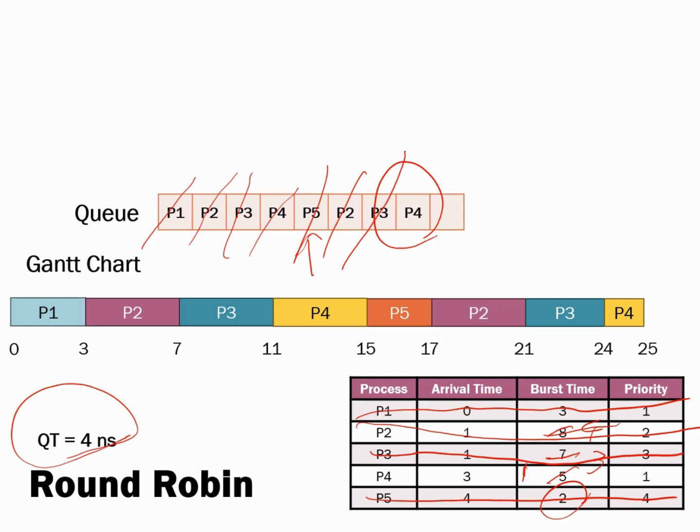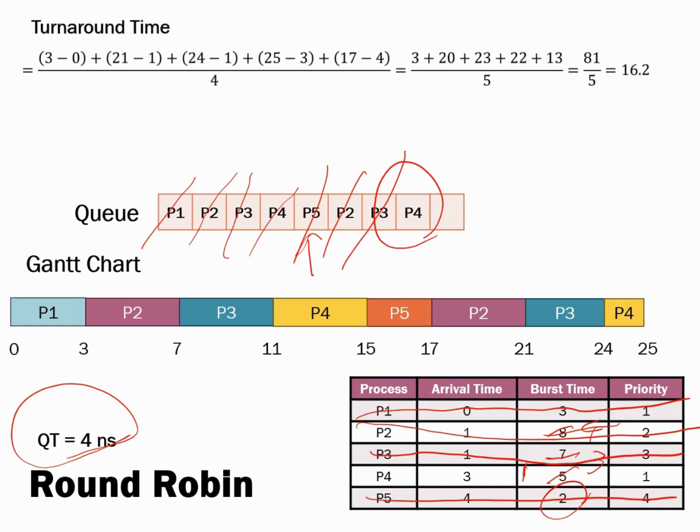So let's start to calculate turnaround time and waiting time. For turnaround time, the completion time of P1 is 3, of P2 is 21, of P3 is 24, of P4 is 25, and of P5 is 17.